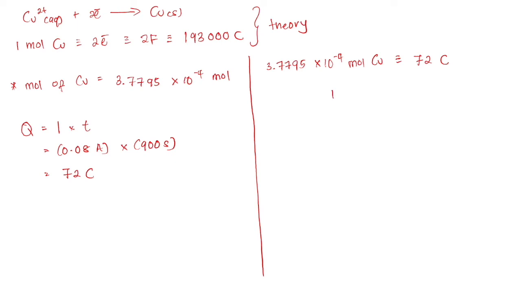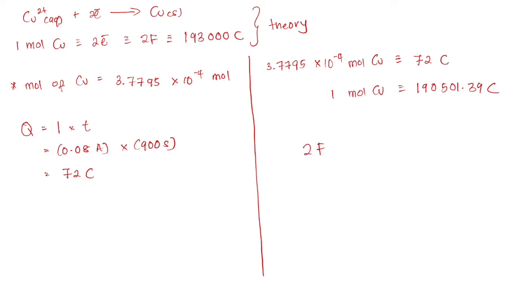So, kalau madam nak hasilkan 1 mol copper, maka kita buat cross multiplication and we are going to get 190,501.39 coulomb. Dan kita tahu 1 mol ini sama dengan 2 Faraday kan?